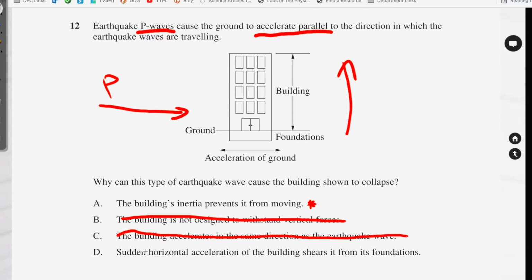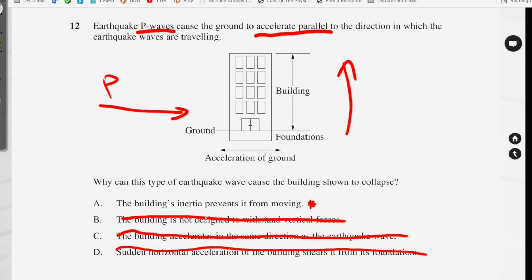D: sudden horizontal acceleration of the building shears it from its foundations. That is probably the answer that most people thought about. But a lot of buildings are actually designed to do that. So the reality is that in this case, we're going to get rid of that one as well, because for what the question's asking, A is actually the main one there.